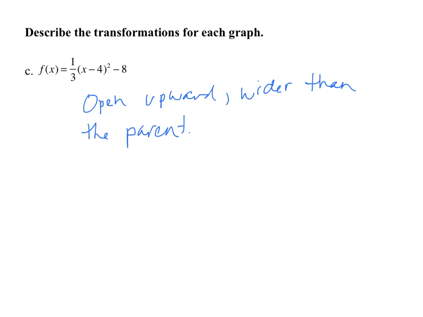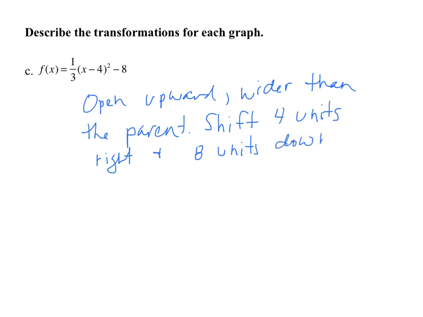There is an h and a k value. So according to the h value, this graph is going to shift 4 units to the right and 8 units down because of the minus 8. And that's it.